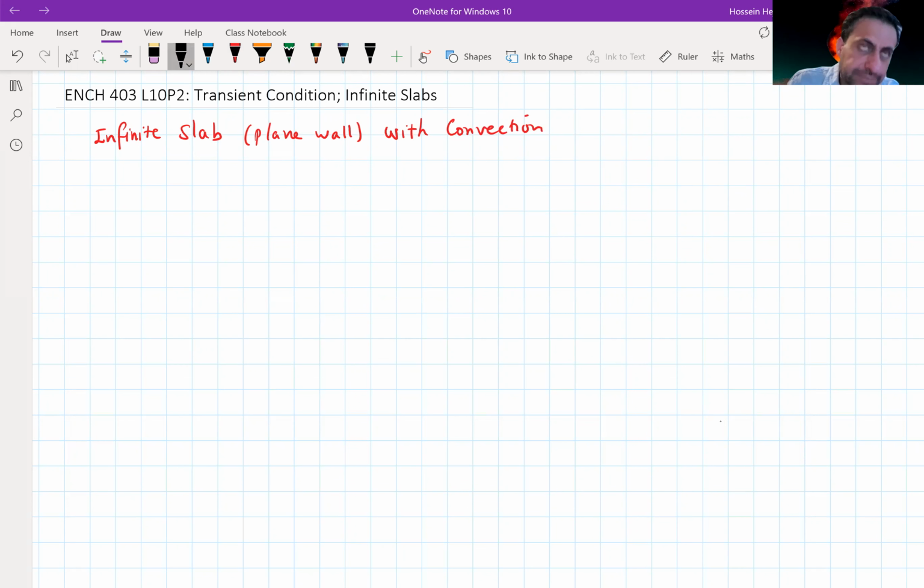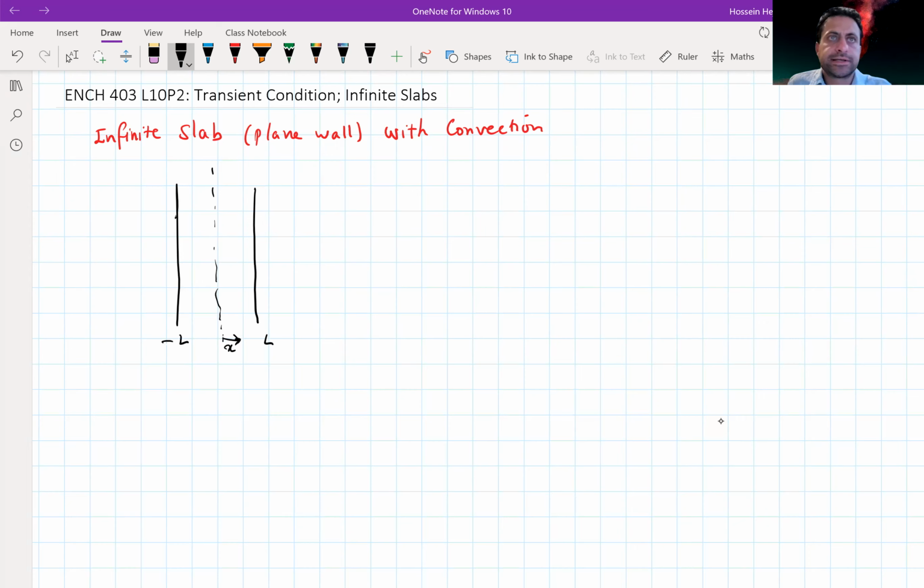Assume that we have a plane wall with the thickness of 2L. X, this is L, minus L. Initially it is at temperature Ti, and then all of a sudden, both sides of the wall are exposed to a fluid at T infinity.